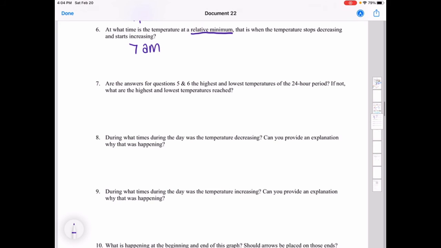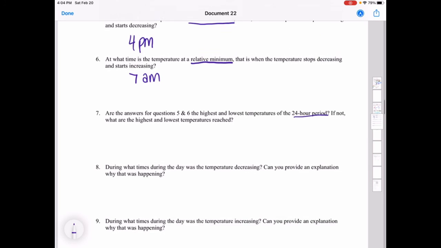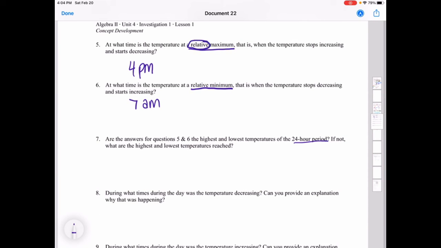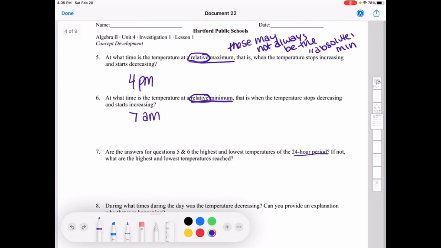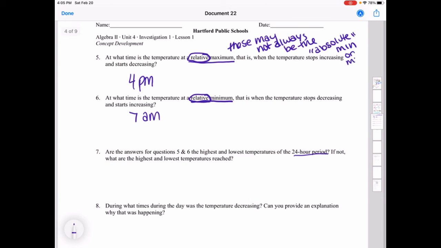Now in question 7, it says, are the answers for questions 5 and 6 the highest and lowest temperatures for the 24-hour period? If not, what are the highest and lowest temperatures? So this is what I'm talking about when you're dealing with a relative maximum or a relative minimum. These may not always be the absolute min or max.